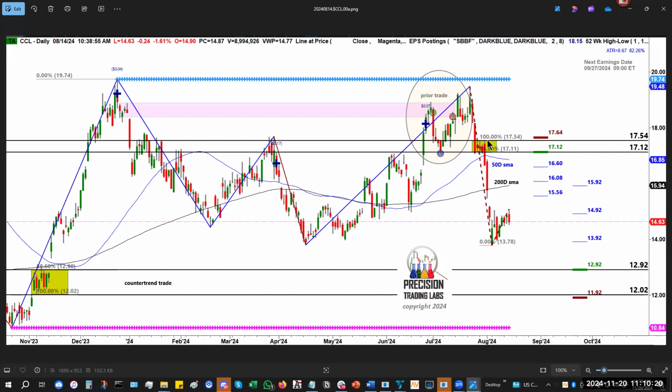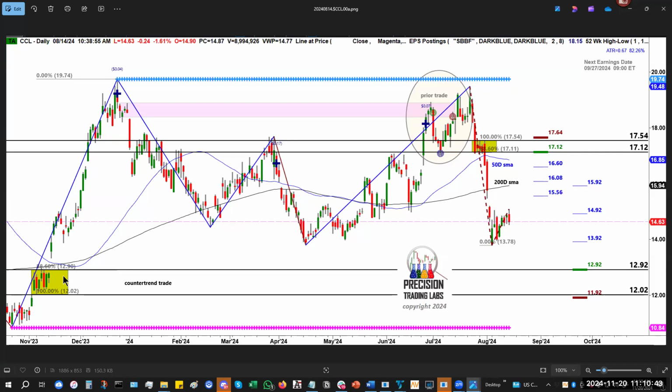Okay, so that is what we're looking at here. Up here is a place where, if price got up to here, we would either short or buy a put. Down here is a region where we would either buy stock or buy a call. Those are the two ways we could express a trade.